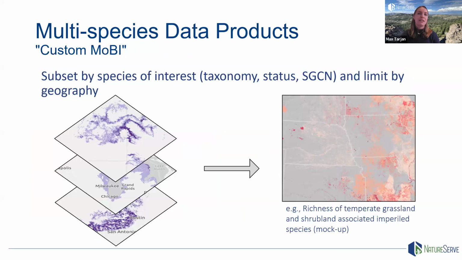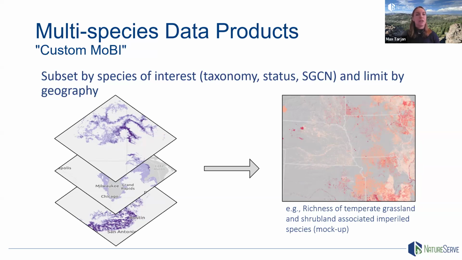We aim to improve and expand our multi-species data products, both through regular updates to the Map of Biodiversity Importance and by offering custom MoBI products. So custom MoBI, as Chris described, is where you could select a subset of species of interest, either filtering by taxonomy, conservation status, other statuses, and by certain geographies.